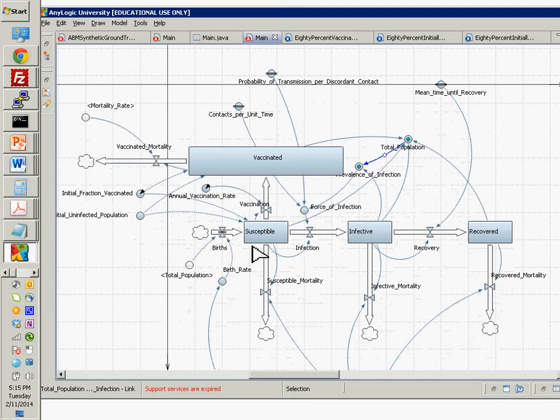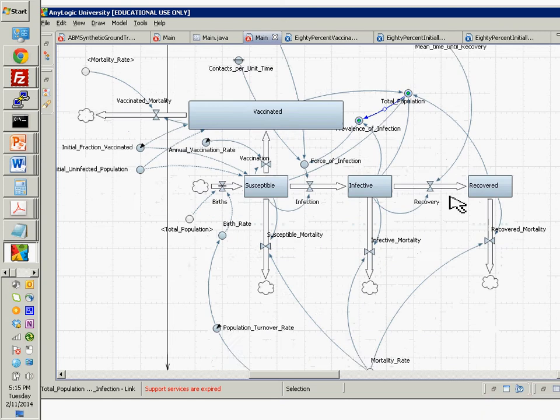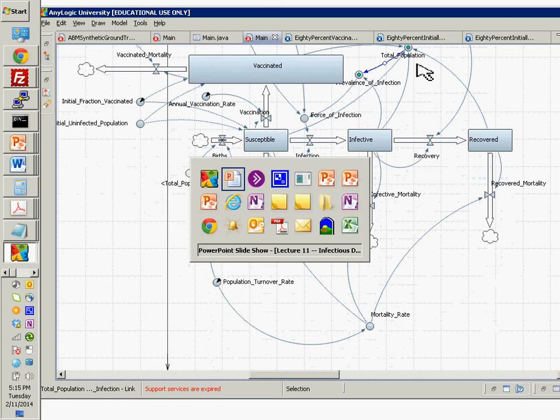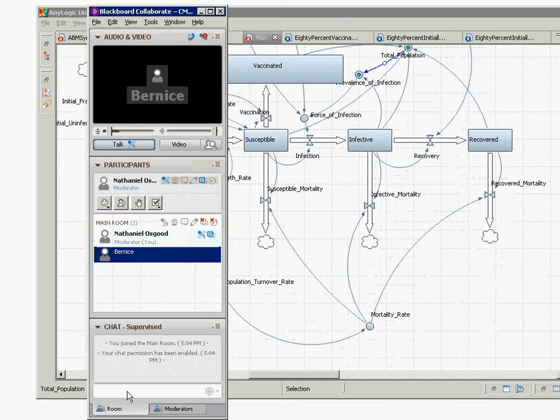Let's suppose we were to take a given one of those mortality flows without privileging it. Suppose we were to take this recovered mortality. How, ladies and gentlemen, what's the formula that you think I used for recovered mortality? If we scroll down here, what's the formula you think I used for recovered mortality there? Anyone? Mortality rate times recovery. Yeah, exactly. Mortality rate times recovery.